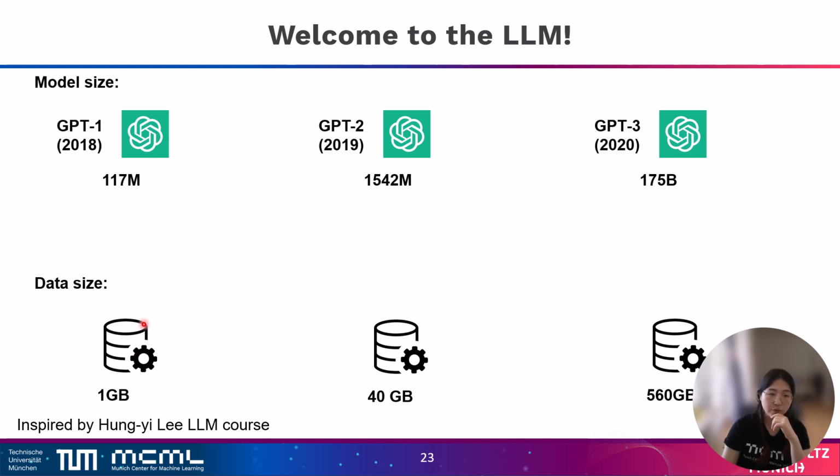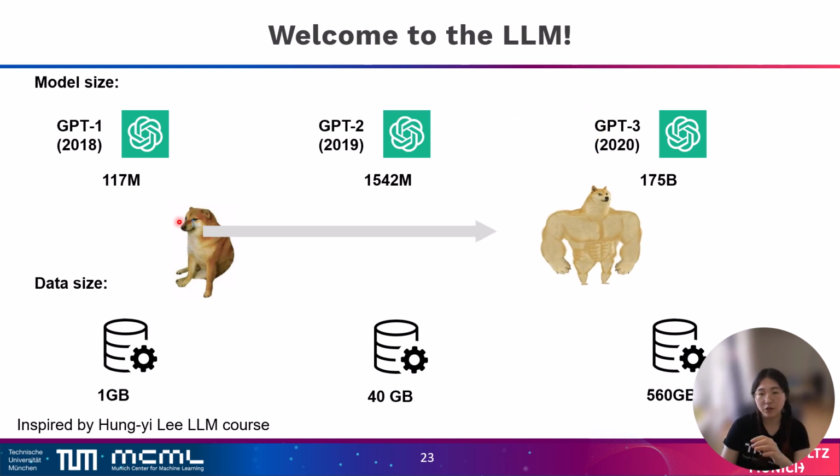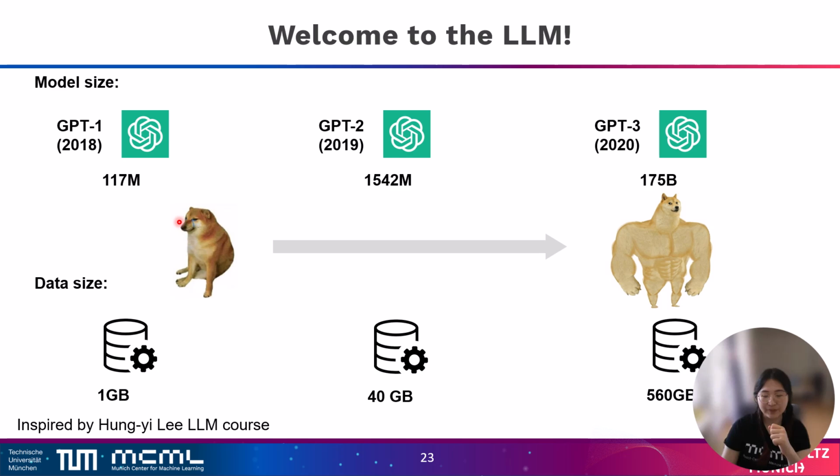At the beginning, it was just 1 gigabyte of data, and in 2020 it was already 516 gigabytes. So we can say that in 2018 the model was still like a crying baby, and could not handle a lot of problems. You needed really good prompt engineering, and then the model could give you a good result. But now the models are so powerful.